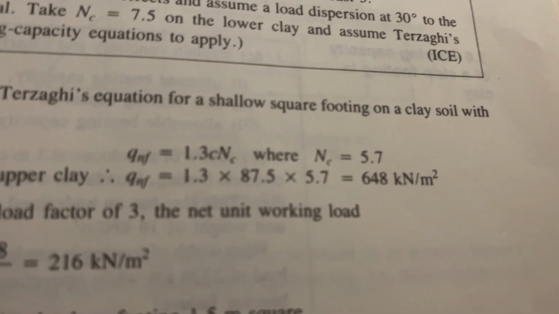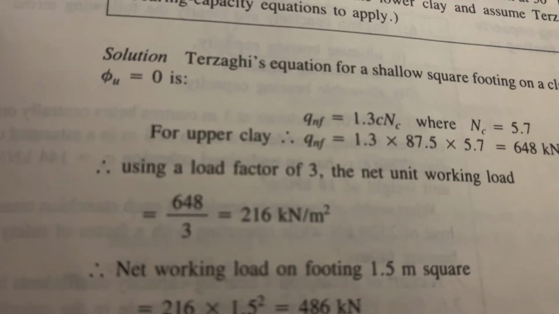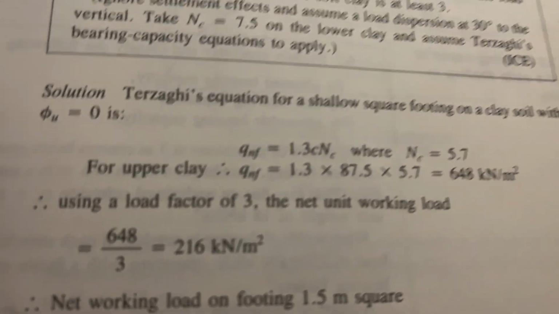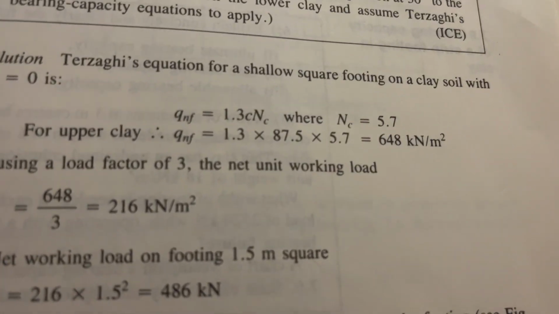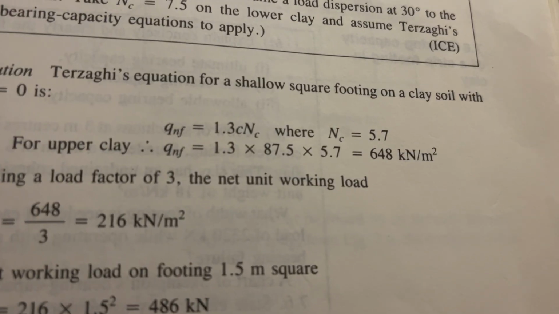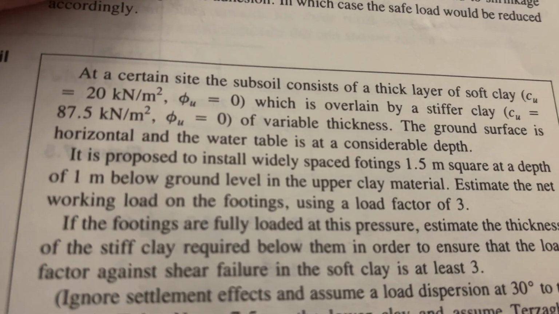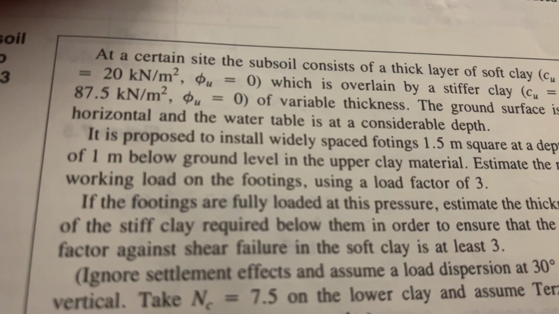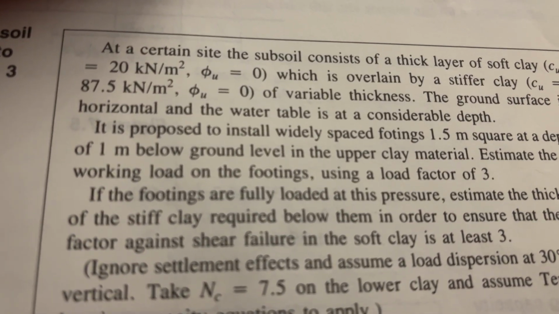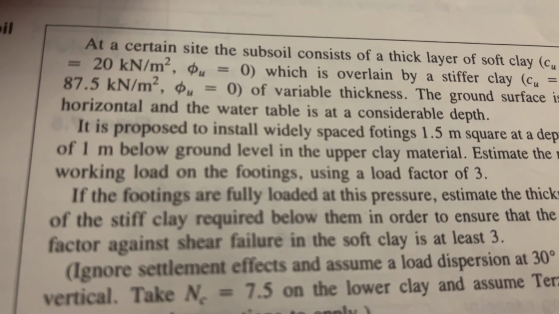So NC equals 5.7. For upper clay, QNF equals 1.3 times 87.5 times 5.7. The 87.5, that's the higher clay because it says it's overlain by a stiffer clay.